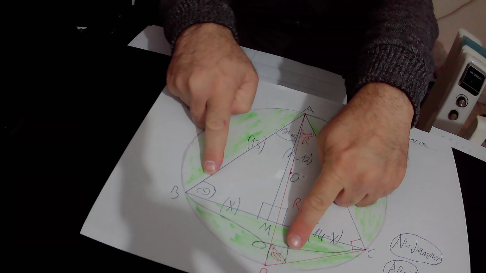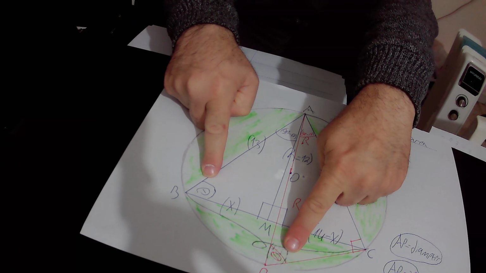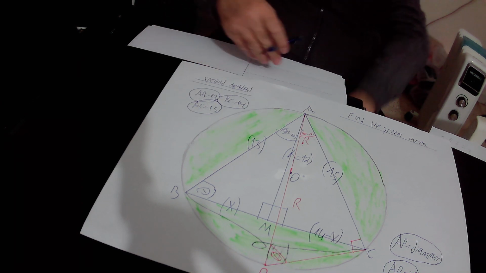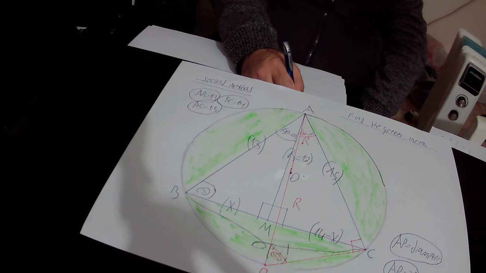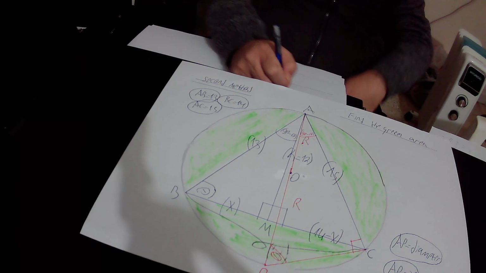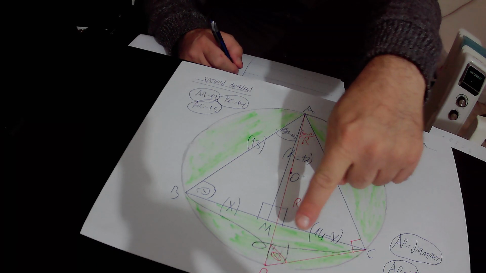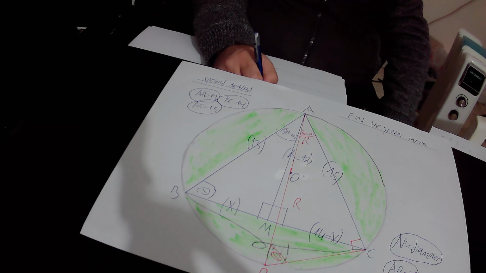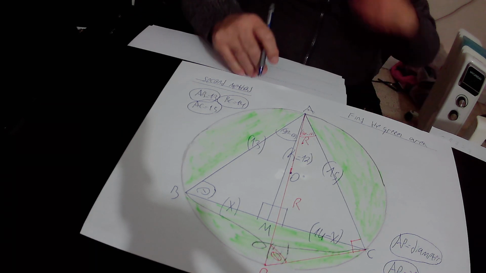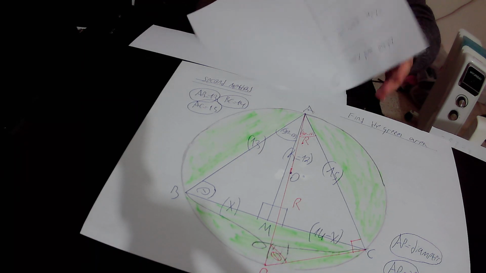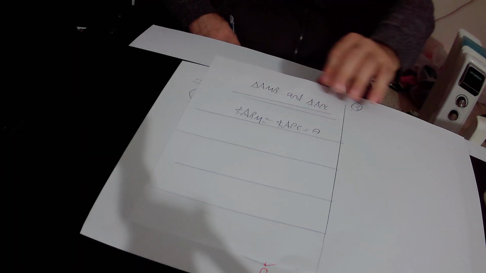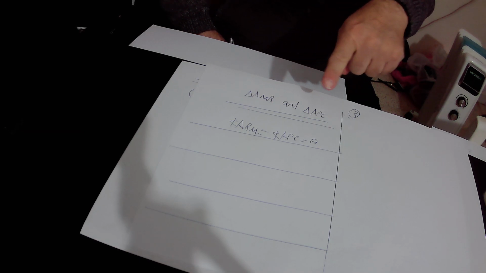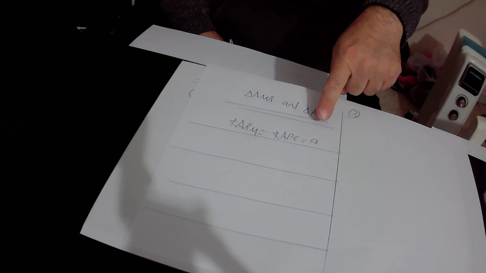First of all, those two angles are both equal to theta, therefore they are equal to each other. So this is angle ABM in triangle AMB. That is equal to this angle, angle APC. Repeat again, angle ABM in triangle AMB equals angle APC in triangle ACB. They are both equal to theta, therefore they are equal to each other.